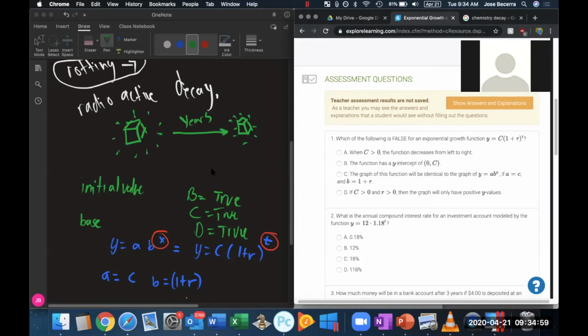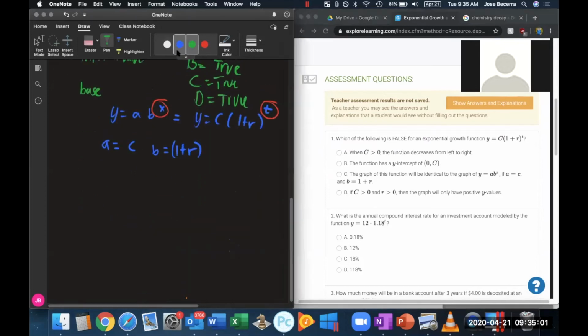So let's talk about interest rates, okay? Because I told you that this right here, your P times 1 plus R to the t power, is equal to your interest formula.